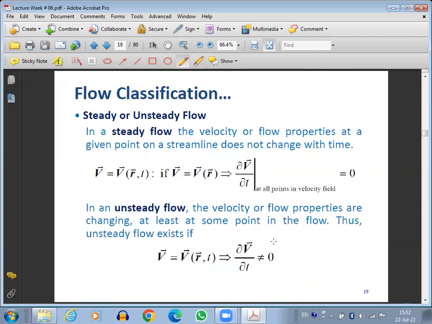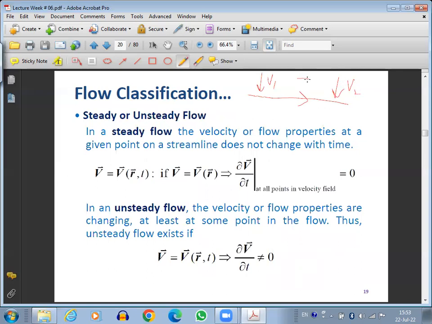Now let's move over to another classification, steady and unsteady flow. These have specific meanings. When we say steady flow, it means the velocity is not changing with time. What does this mean? Suppose the fluid is moving like this. At this point, velocity is V1. At this point, velocity is V2.